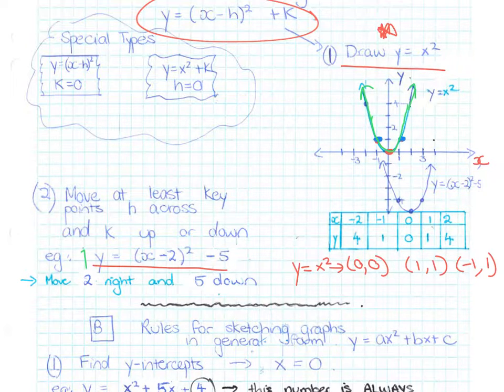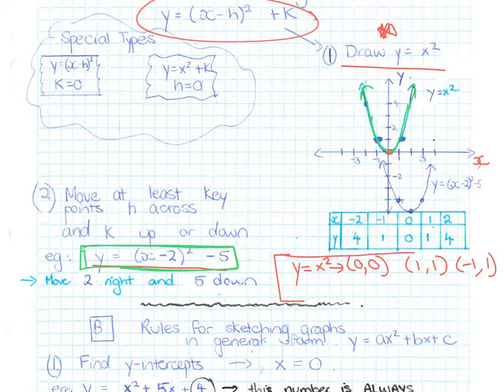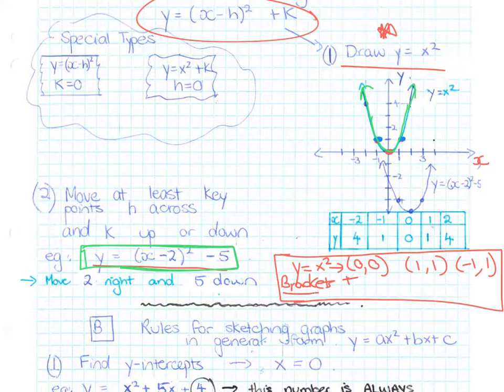But we want to draw this thing over here: y equals (x take 2) all squared take 5. Now remember, the red is what you have to remember. First, y equals x squared, you need to draw those points. The second thing, if you have brackets, the number inside the bracket, if it's positive, you move the graph to the left.